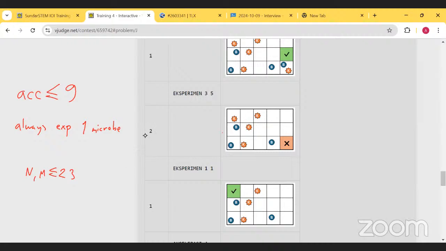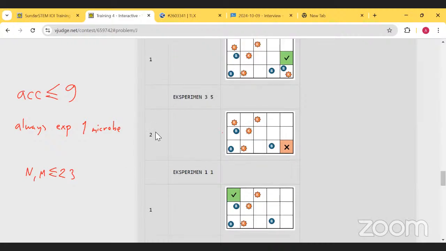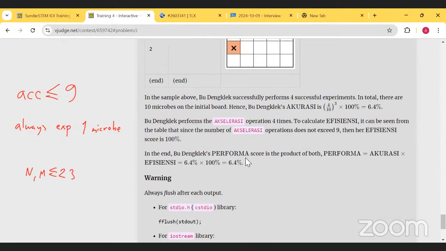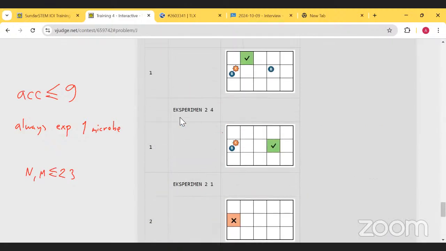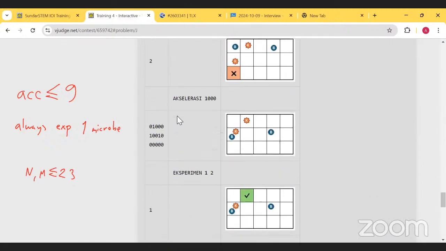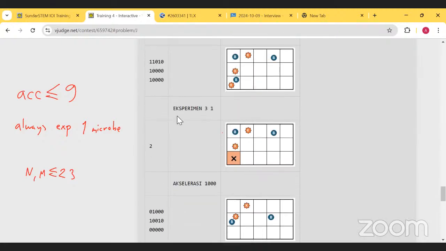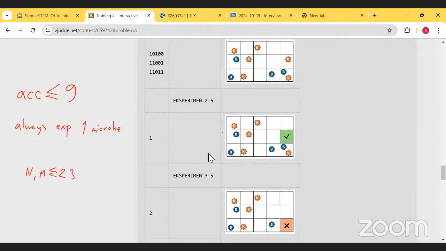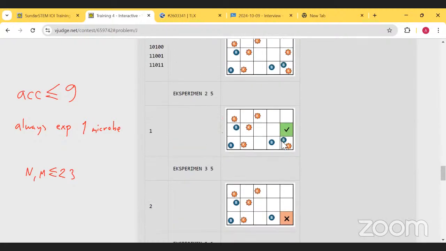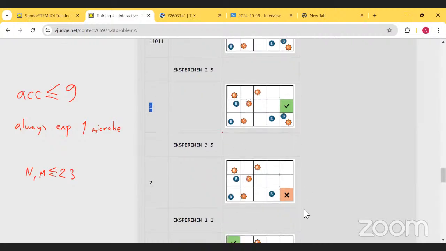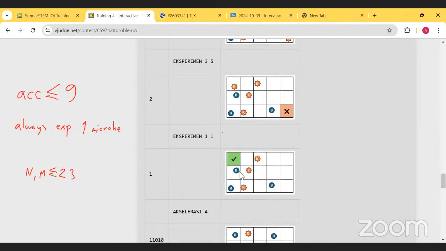It is still okay, but we get partial points. Like this: this is a successful experiment because there is only one microbe, but here is a failed experiment because there are two microbes.